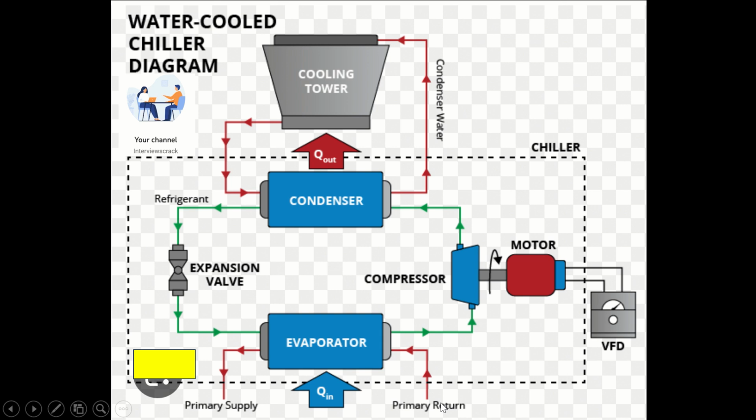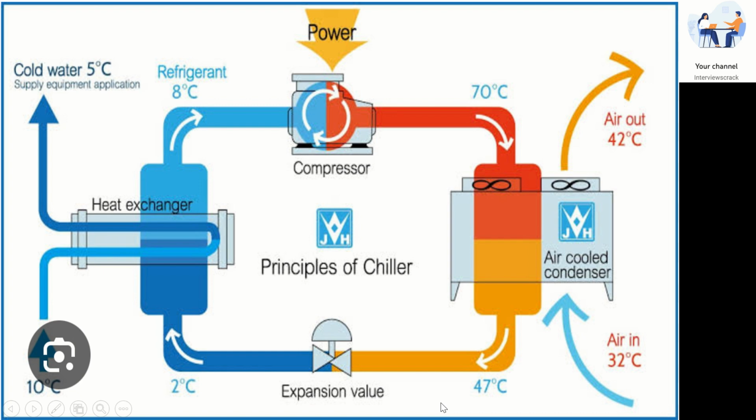We'll see in detail, you will understand. This is shown as an air cooled chiller system, where there is an air cooled chiller and condenser, taking air temperature out at 42 degrees and 32 degrees air in. Rest all the things are the same.